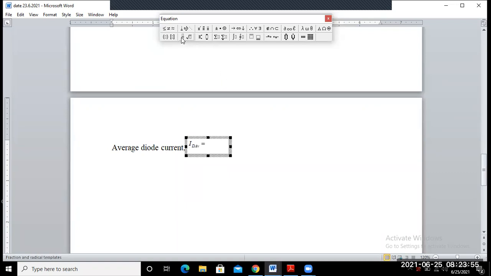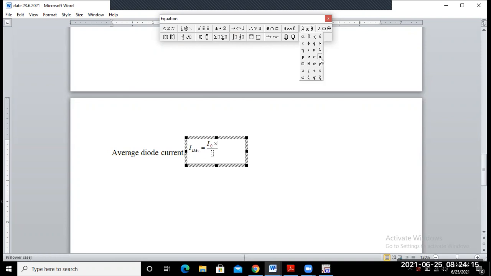That is equal to I0 into pi divided by 2 pi, which is I0 by 2.